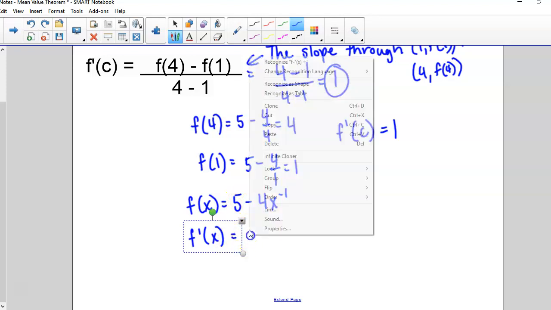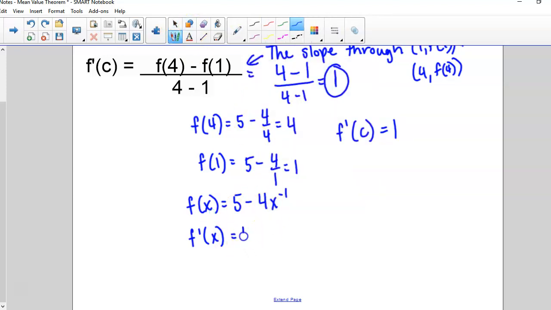Here I'll get positive 4x to the negative 2, which is just 4 over x squared. So that is my derivative. I want to know where that derivative equals 1. I'm going to use the c, since they used the c value here. 4 over c squared equals 1.